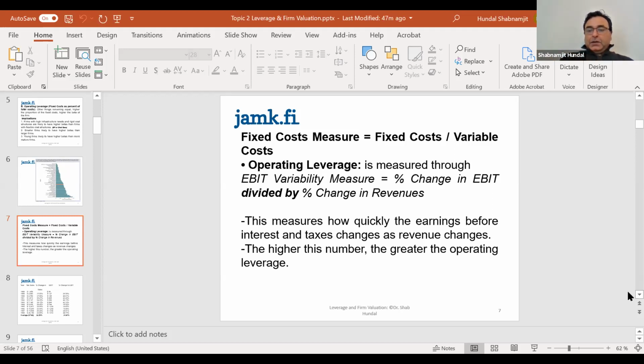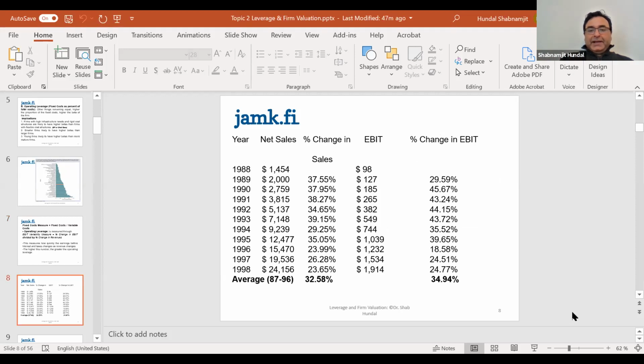Here I have some fictitious data. We have sales in the second column, net sales, and then the percentage change. Then we have the earnings before interest and tax, which is your operating profit, basically, and the percentage change in earnings before interest and tax.